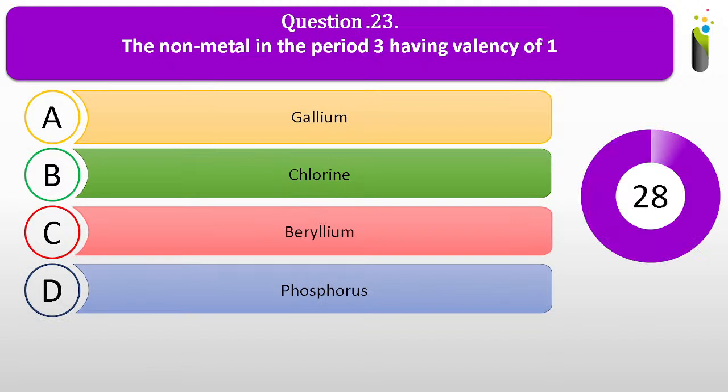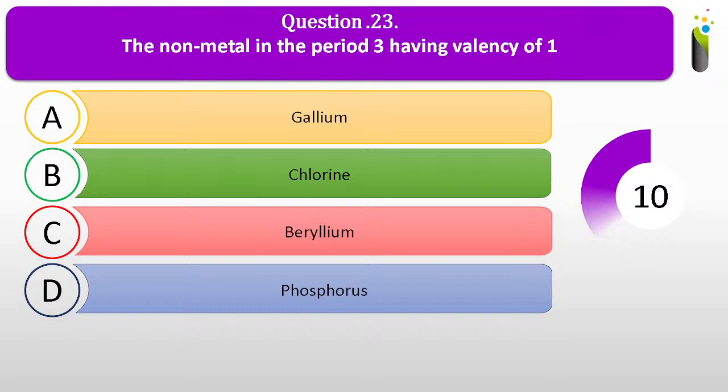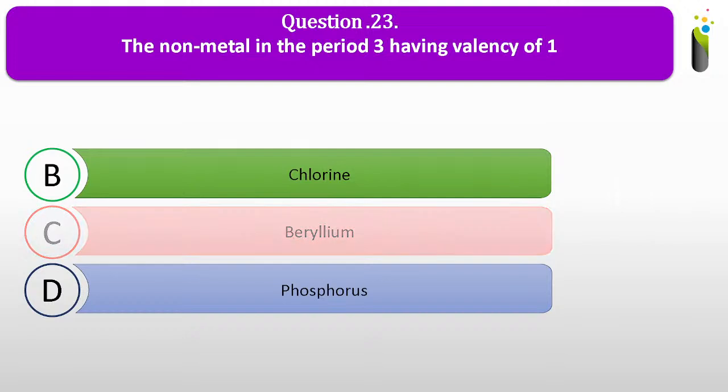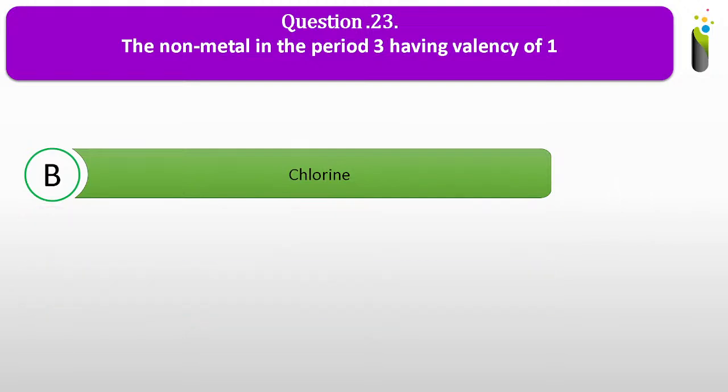So the correct answer for this question will be chlorine. So the non-metal in the period 3 having valency of 1 is chlorine.